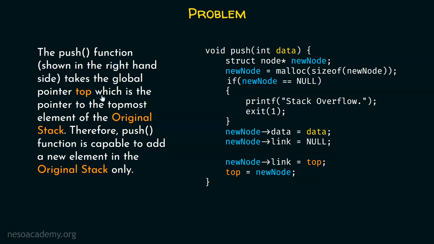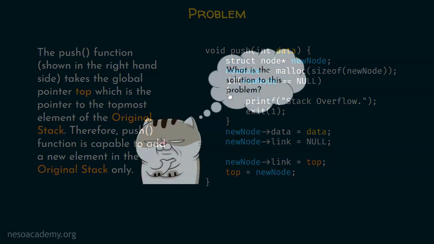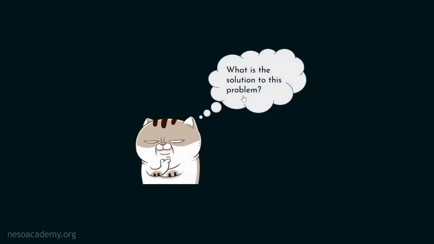It takes the global pointer top, which is the pointer to the topmost element of the original stack. Therefore, push function is capable to add a new element in the original stack only. This function is capable enough to add an element onto the original stack and not onto the temporary stack 1 or temporary stack 2. What is the solution to this problem? How to rectify this problem?